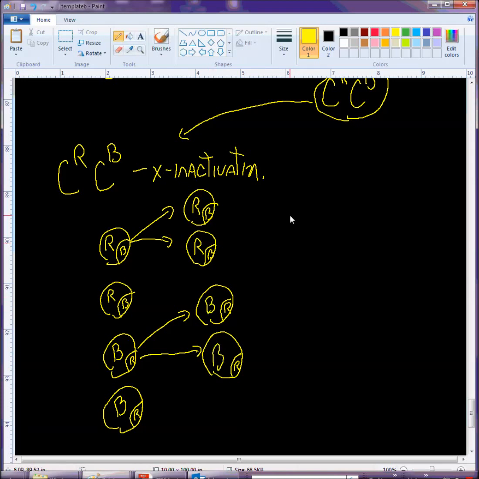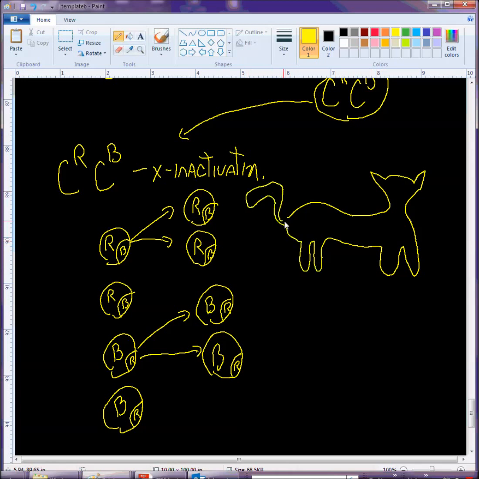So if you have a cat here, here's our cat, and if you've been coming to class, you know I'm getting a little bit better at drawing these little animals. Here's a tail. Okay, here's our cat, and if we have a patch here with a bunch of cells, the closer the cells are together, the more likely they came from the same parent cell.